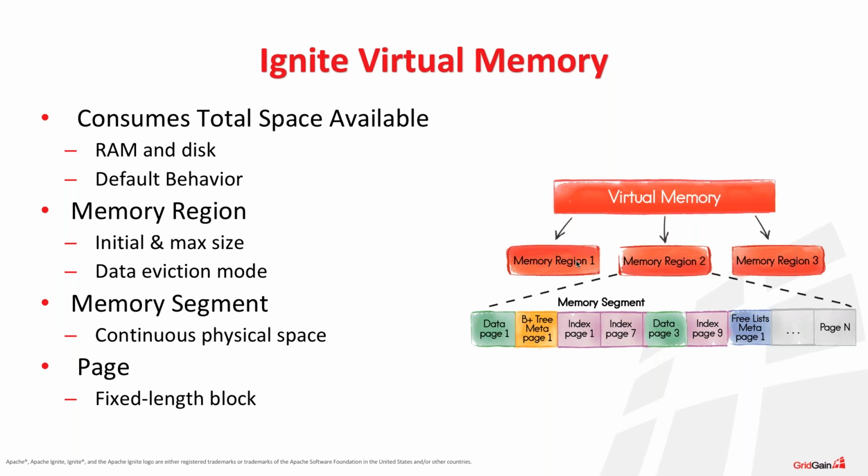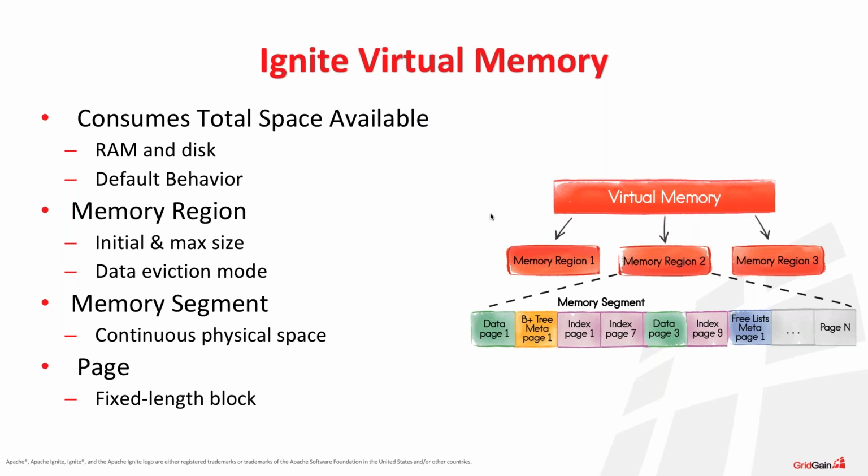So for now, if you take a look at this picture to the right, the virtual memory represents all the memory that is available on this individual cluster node in the RAM and disk. And disk, just to clarify one more time, is to be supported in the nearest releases. By default, virtual memory takes all the data available, let's say, all the RAM that is available on your machine.